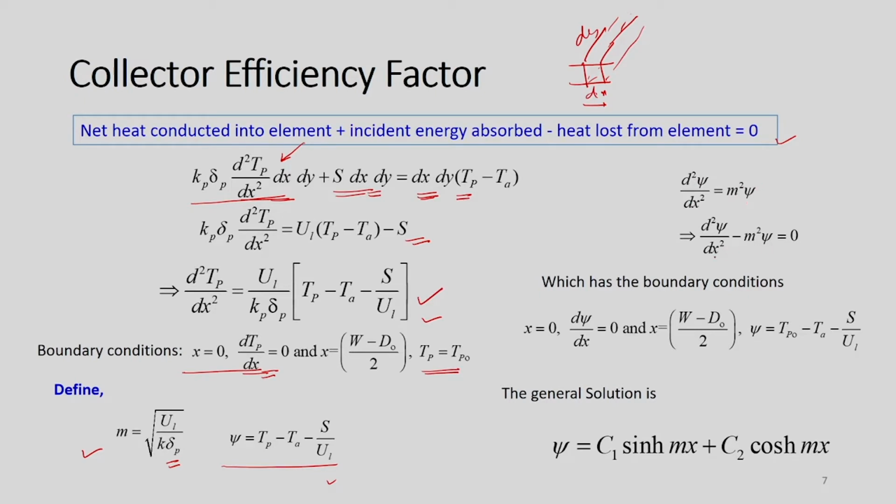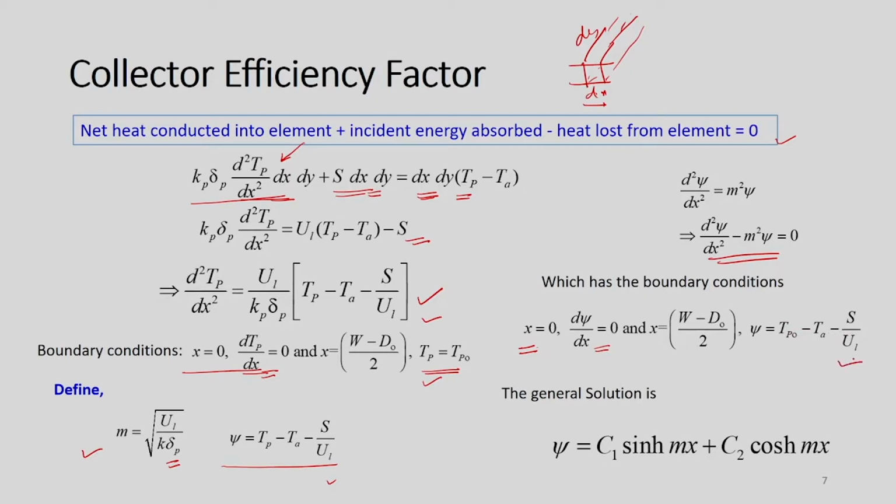Okay. So, this will be simplified like this, and accordingly we have to modify the boundary conditions. So, at x is equal to 0, d xi by dx is equal to 0, and at x is equal to w minus d naught by 2, xi will be Tp naught minus Ta minus S by UL.